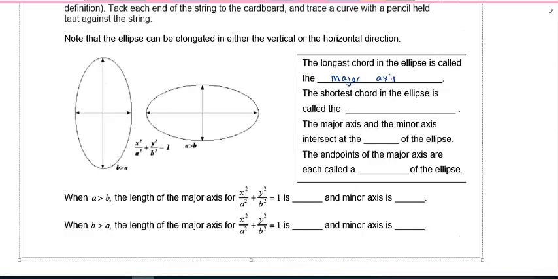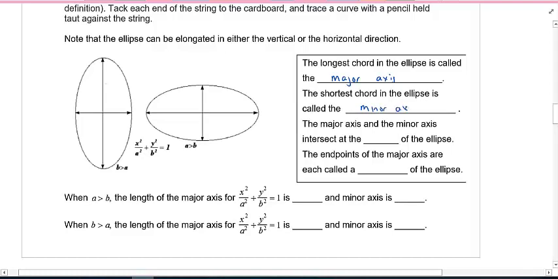It's called the minor axis. You're thinking chords, major, minor? We're talking about music theory here? No, we're talking about ellipses. I'm so sorry. Now the major axis and the minor axis always intersect. They intersect at the center of the ellipse. And the endpoints of the major axis are actually called the vertex, or vertices, of the ellipse.